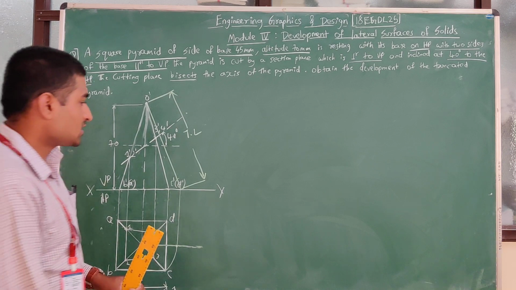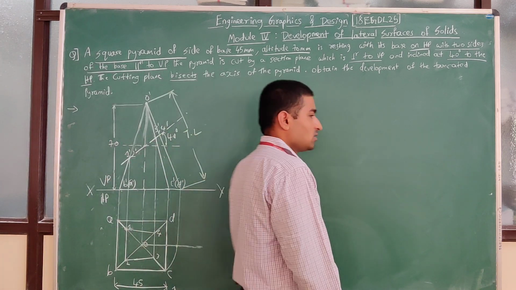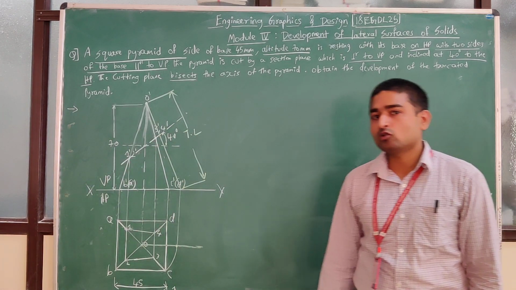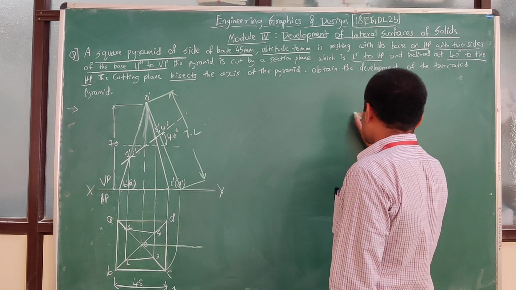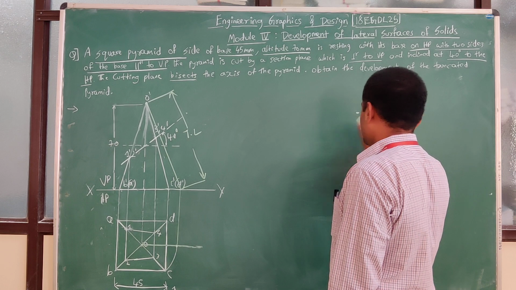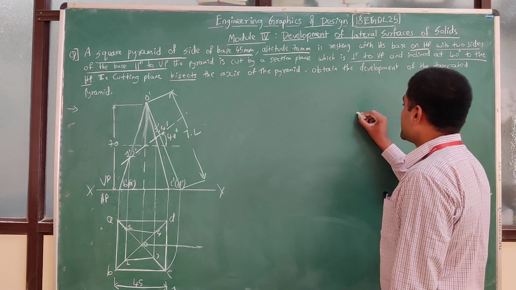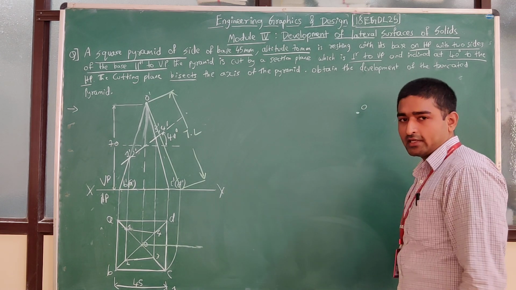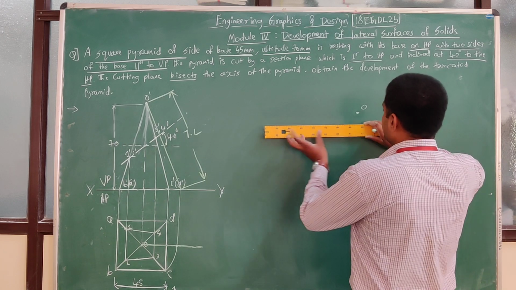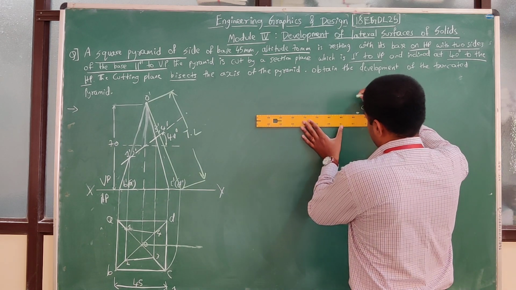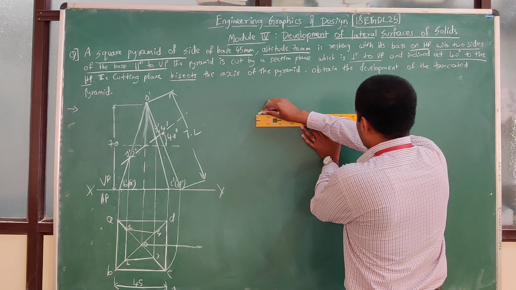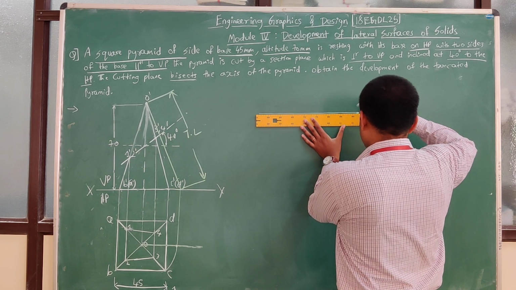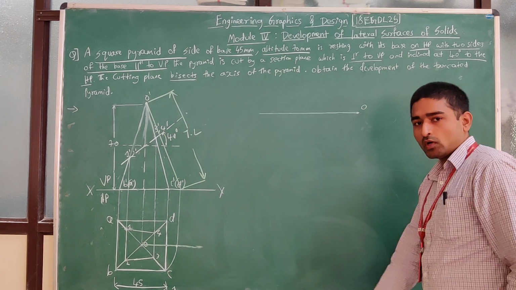So let us start with the development part of the pyramid. A very important thing we have to remember in pyramid is, first, initially you take a point on whichever side you want. Let us keep this point as O. Then take a straight line on whichever side you want, either on the left hand side or on the right hand side. Just draw a line, but this length should be equal to what?